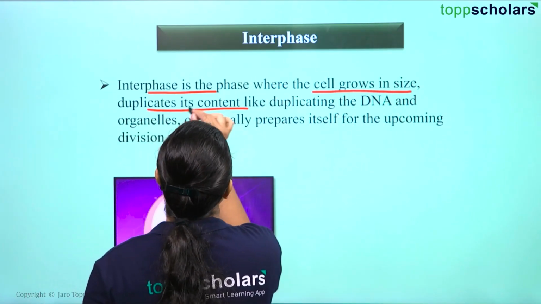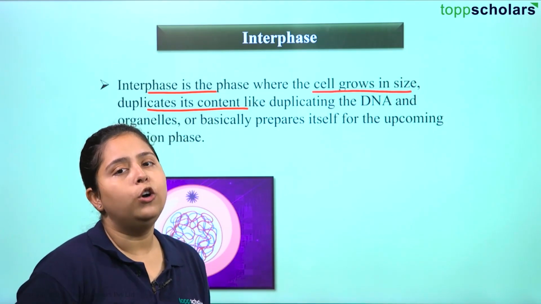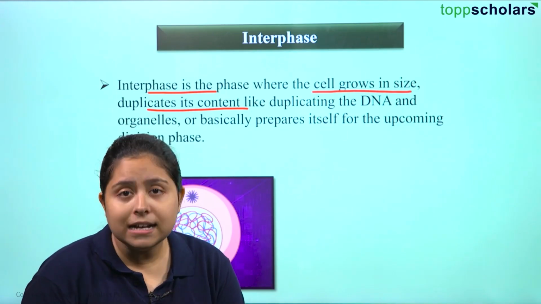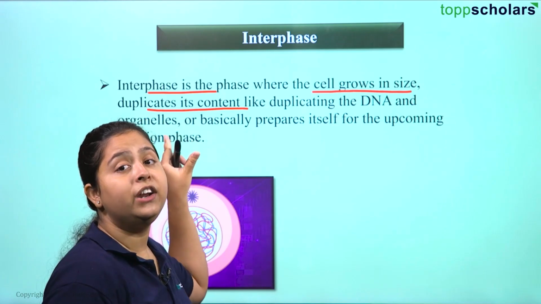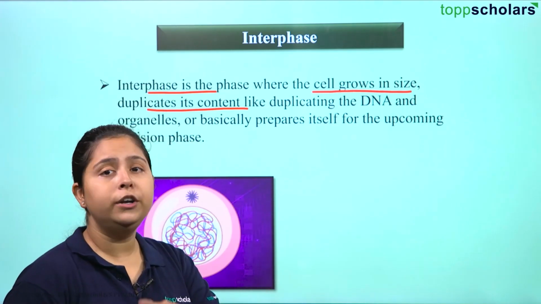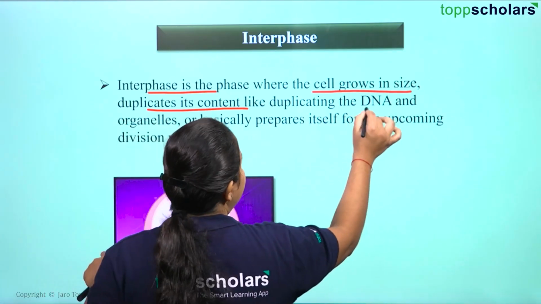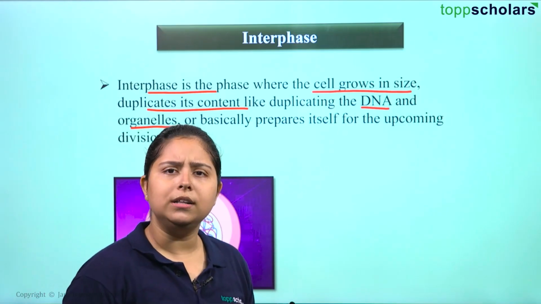Then it is duplicating its content like the DNA, okay? As we have already studied about S phase, in that DNA is being synthesized, right? That means DNA duplication or DNA replication is going on in interphase itself. It is not undergone in M phase. Then along with DNA, organelles are also duplicated. Now, what are these organelles?